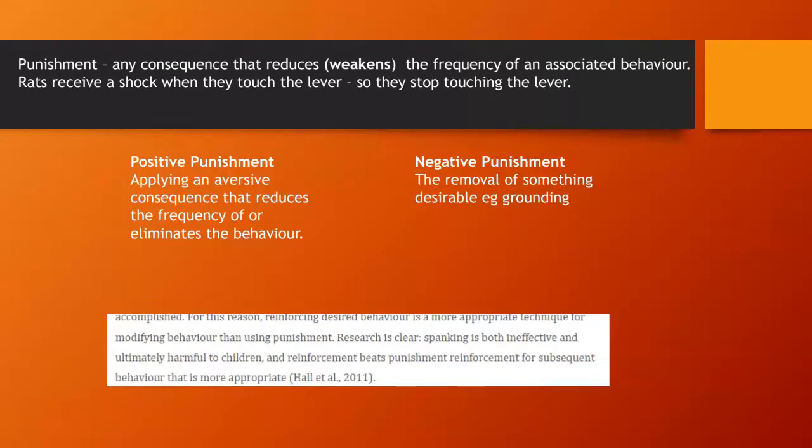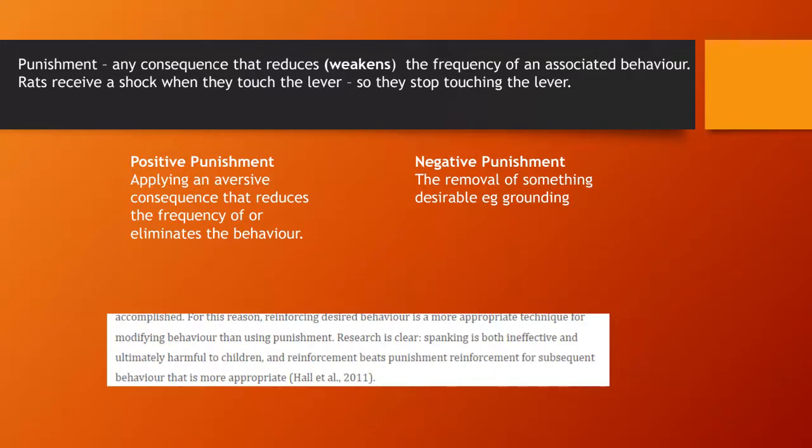So then we work out what is the difference now with punishment. So we have positive reinforcement and negative reinforcement. Punishment, think about punishment. Punishment is any consequence that reduces the frequency of that behavior. So we punish somebody because we want the behavior to stop. Okay, positive reinforcement means we want the behavior to increase.